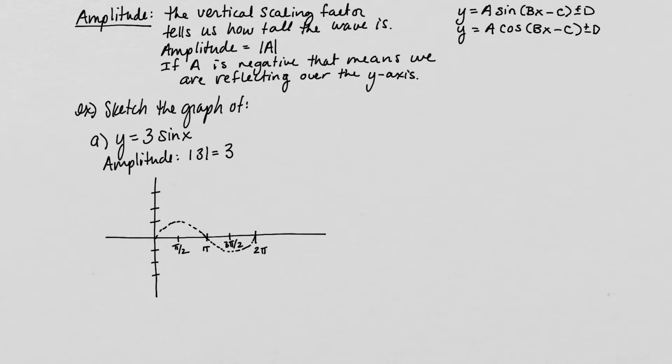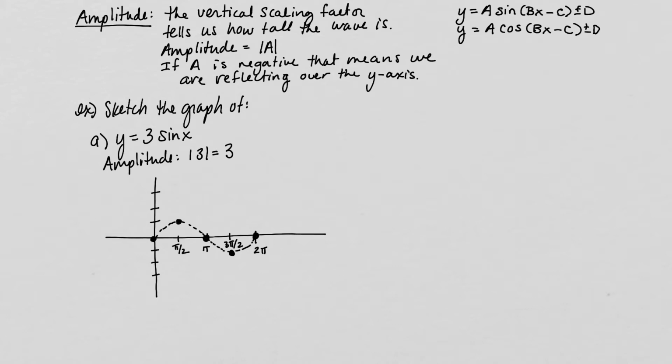Remember, it goes on forever, but we're just going to draw one period of it. You'll see it a lot of times just drawn with one period, but it does keep going forever. These are my 5 key spots, and I'm always interested in what happens to those 5 key spots.